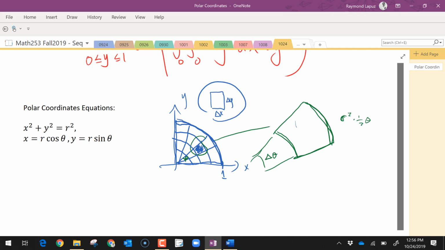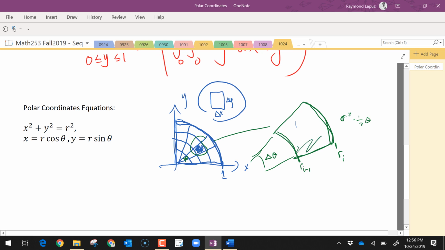It's not quite the whole r. So it's more like r sub i and r sub i minus 1, right?